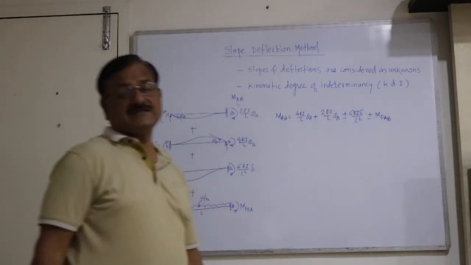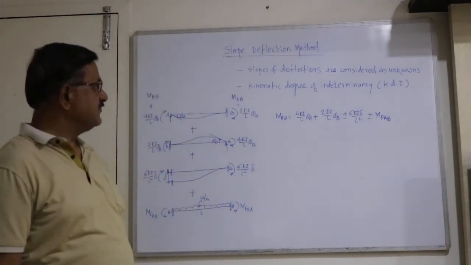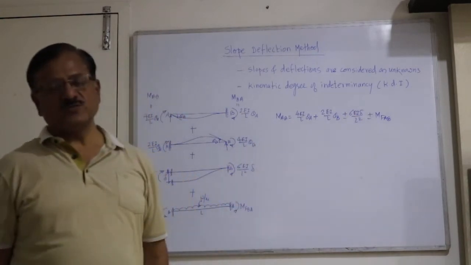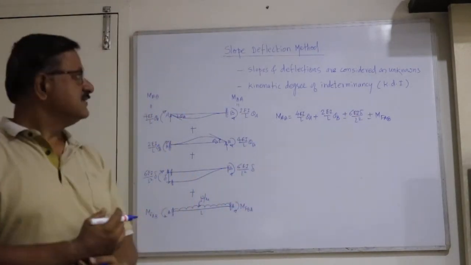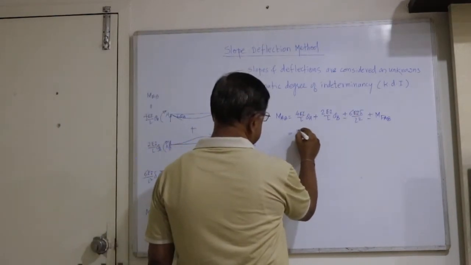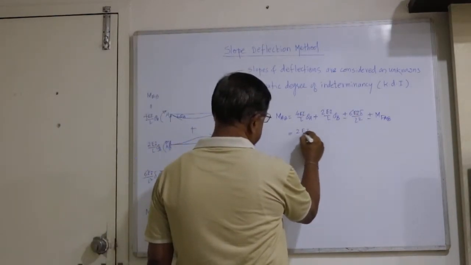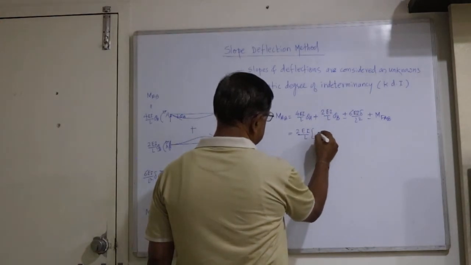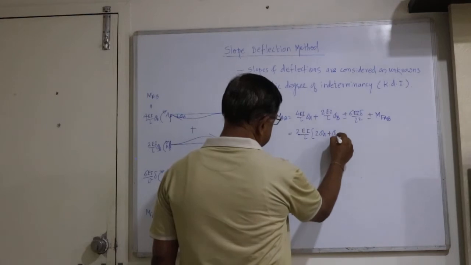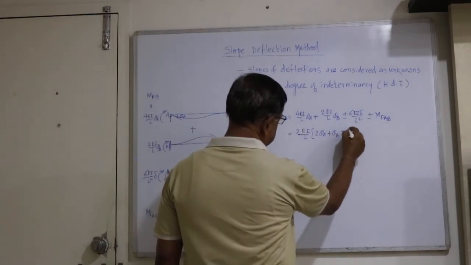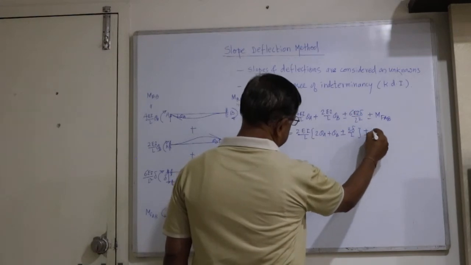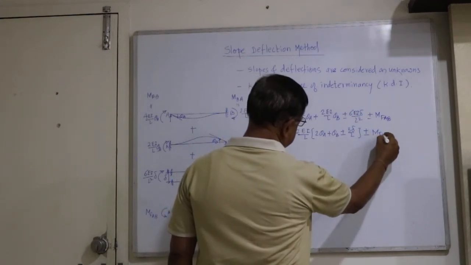So this equation is called the slope deflection equation. So we get the final moment. If we know the slopes and deflections, then the final moment can be calculated easily. Let's take 2EI upon L common. So this becomes 2 theta A plus theta B plus or minus 3 delta upon L, and let's keep this separate, MFAB.